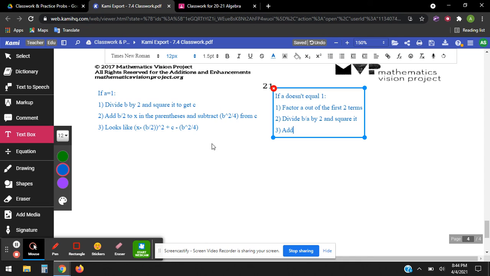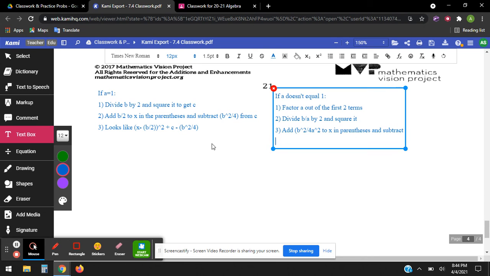And then we had to add b squared divided by 4a squared to x in parentheses and subtract b squared divided by 4a from c.